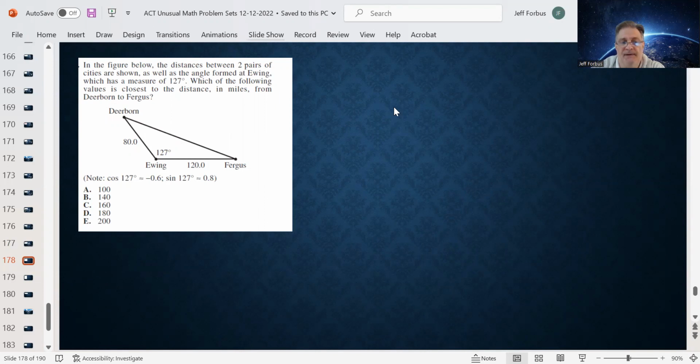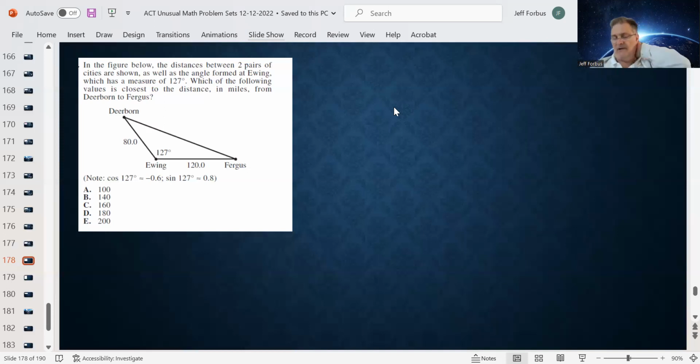In the figure below, the distance between two pairs of cities are shown, as well as an angle formed at Ewing, which has a measure of 127 degrees. Which of the following values is closest to the distance in miles from Dearborn to Fergus?